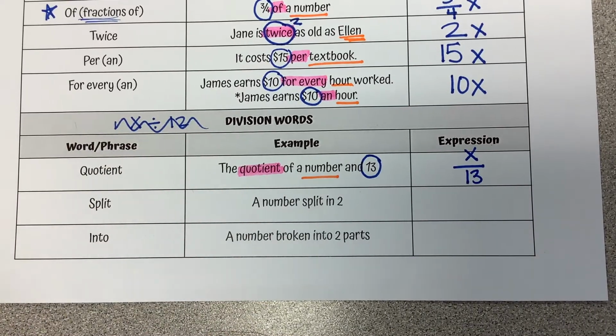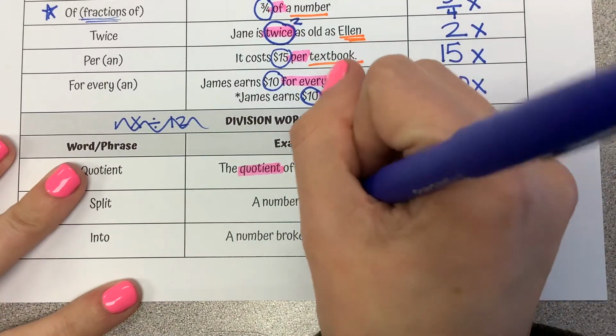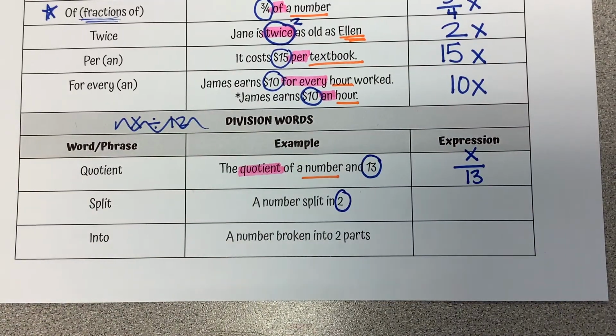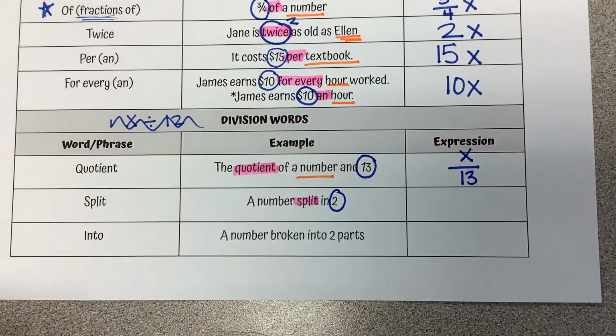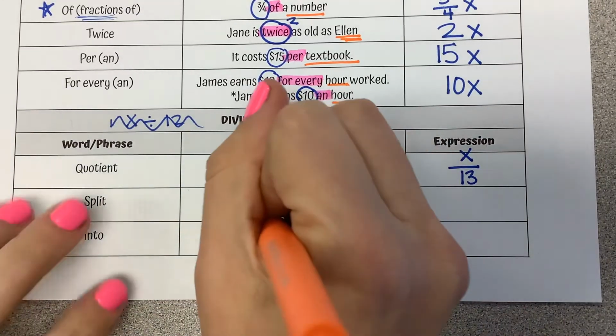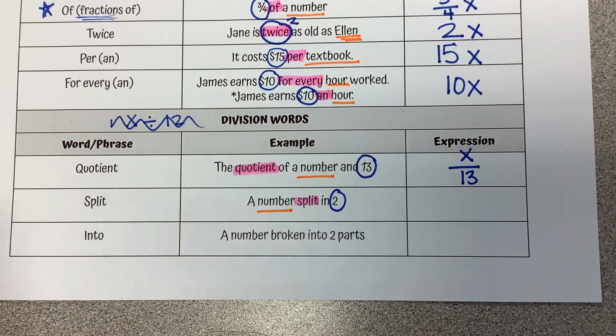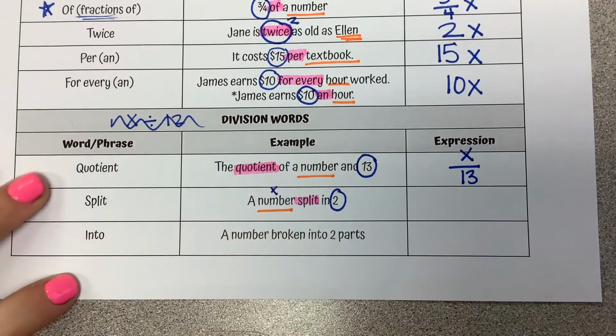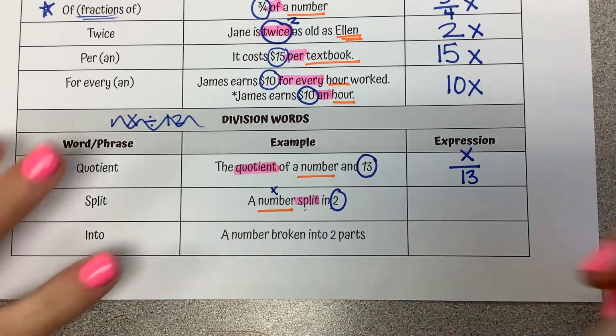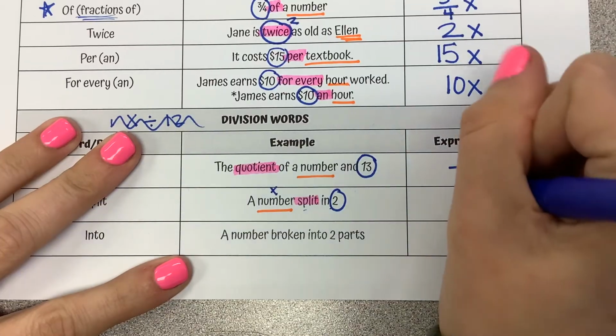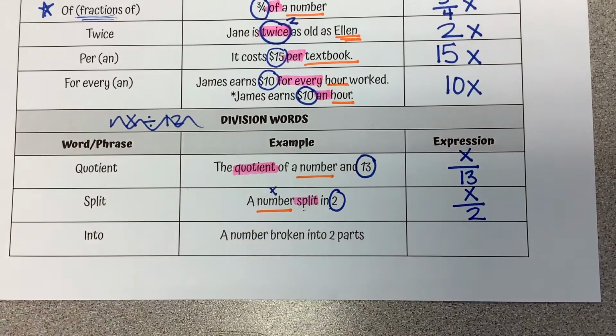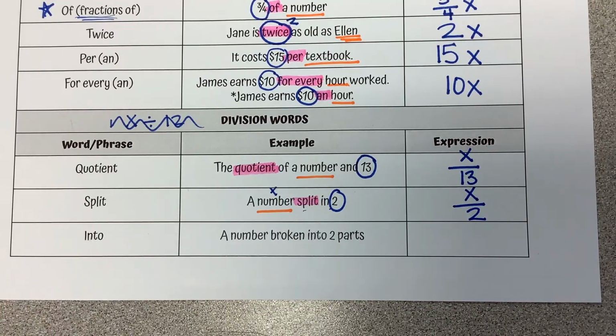Next up, splitting. A number split in 2. So our keyword is split. Our unknown is a number. So we're going in the order of our unknown x divided by 2. I'm writing it as a fraction. X over 2. And last up, into, you're breaking it into parts.